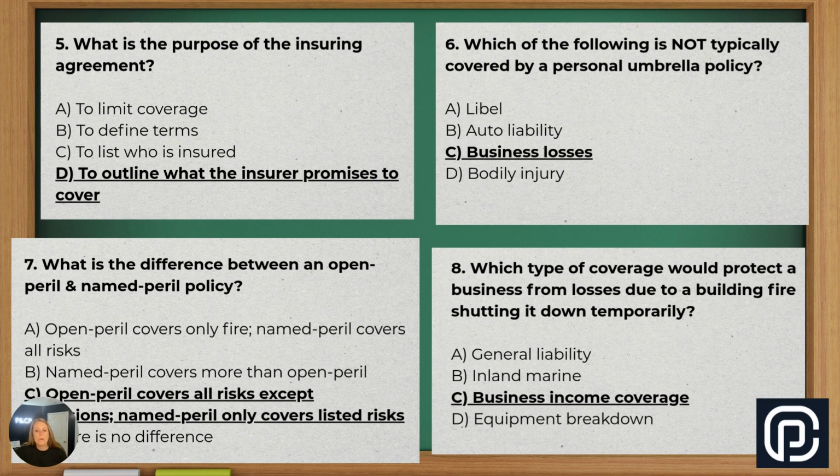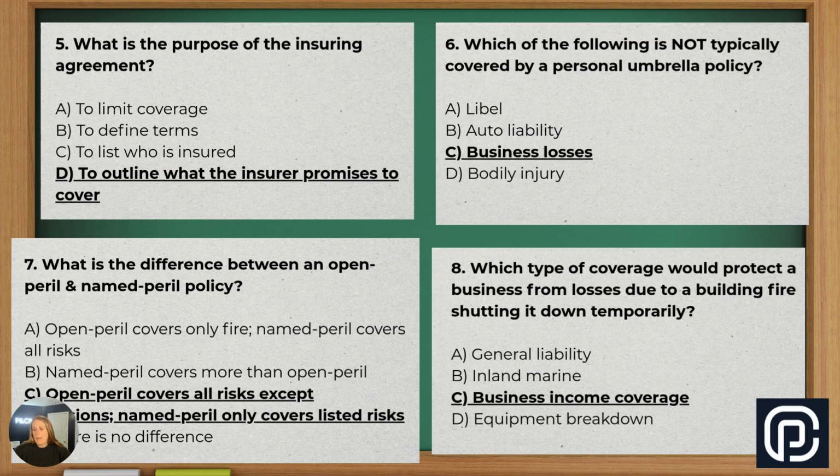So a named peril only covers the listed risks, right? Listed or named. Easy way to think about that. Named, that's what it's going to cover if it's named in the policy. An open peril means that it's on an open peril basis, right? It's more comprehensive. It'll cover everything except what is excluded on the policy.